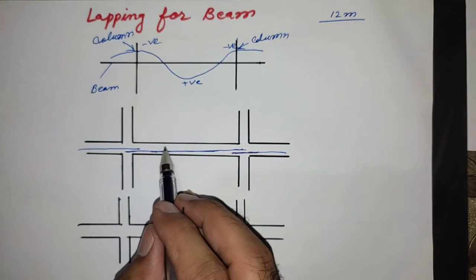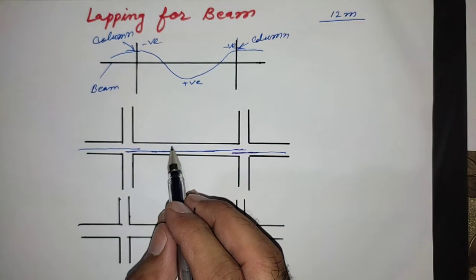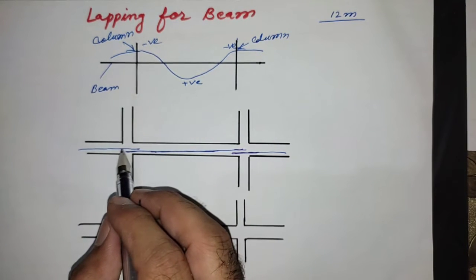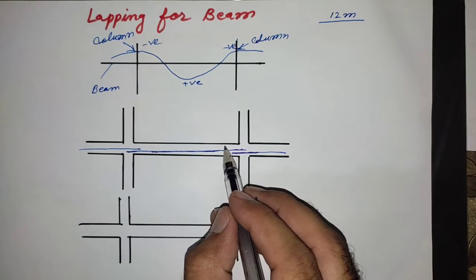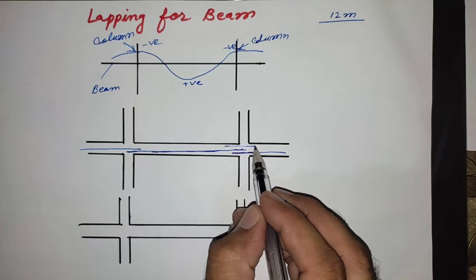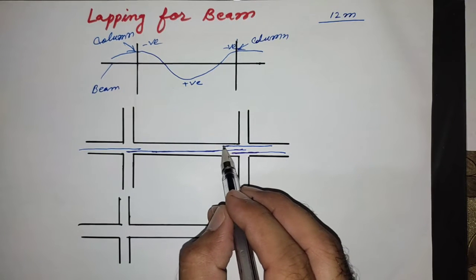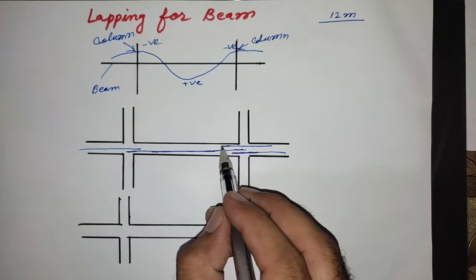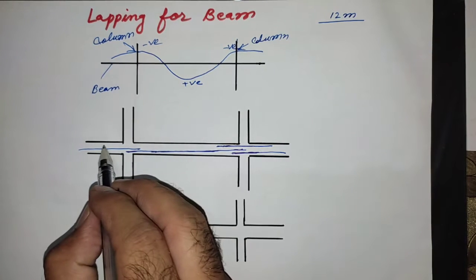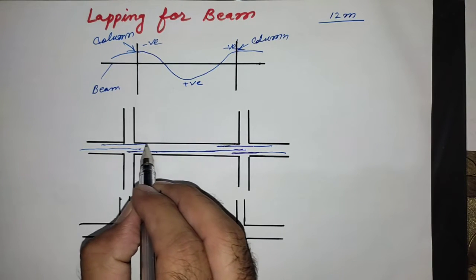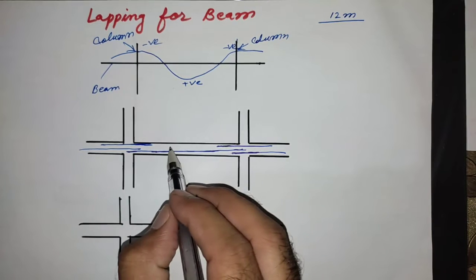So in the upper section of the beam we will provide reinforcement here. In this portion we will not provide overlap. In this portion also we will not provide overlap.